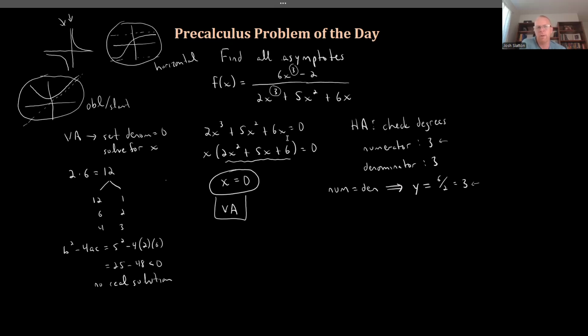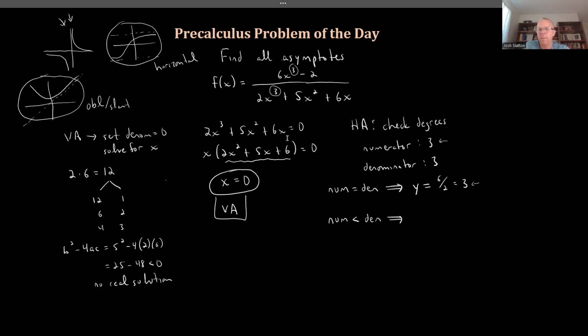All right, let's talk about the other possibilities. If the degree on the top is less than the degree on the bottom, say we have a degree 2 polynomial up here and a degree 3 or 4 or 5 polynomial down here, then we're essentially seeing what happens as x goes to infinity or negative infinity.